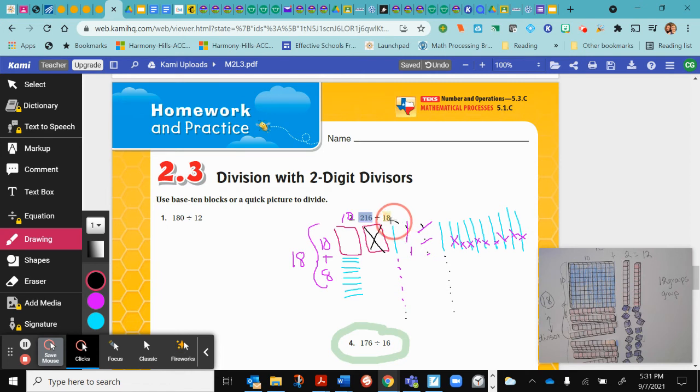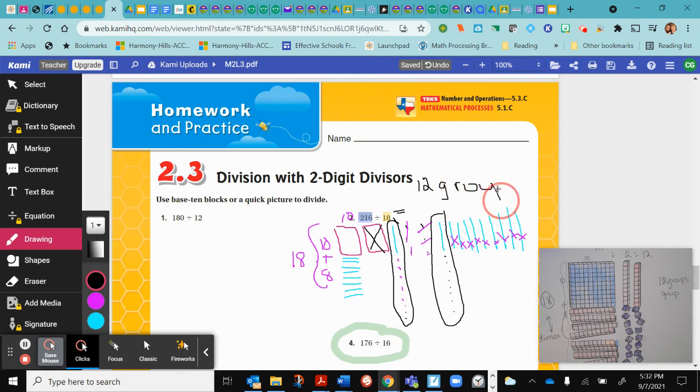So I was able to create one more group of 18 and actually 2 more groups, and this is the design I came up with here. So this means that this is equal to my 12 groups of 18.